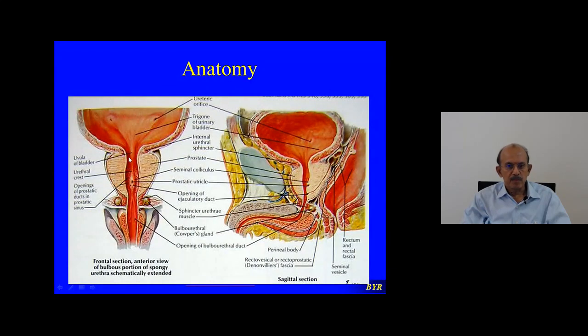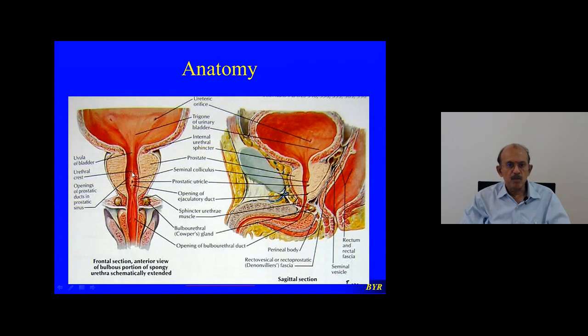Of course, this is the sectioning of the prostate gland, which shows the prostatic urethra here. And in this prostatic urethra, you can notice the prostatic utricle. Then you can see the openings of the ejaculatory ducts just below the prostatic utricle. And on the posterior wall, you can see an elevated crest.